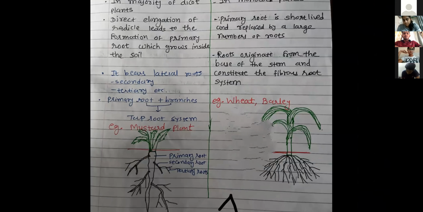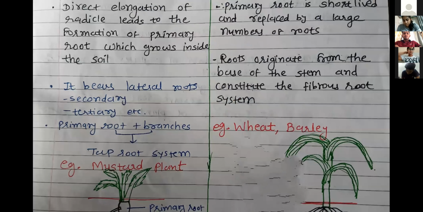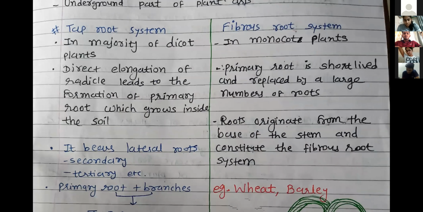Next, fibrous root system, particularly for monocots. Generally, monocots have it, not all, again some exceptions are there; no need to remember those exceptional plants here. In monocot plants, the primary root is short-lived and replaced by a large number of roots.